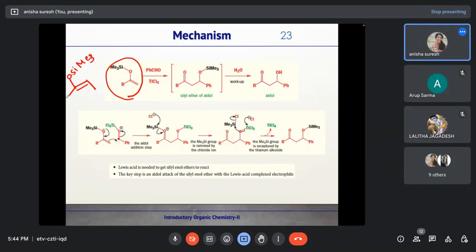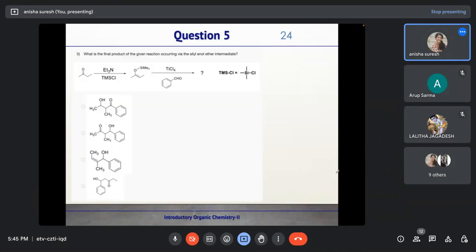In our case, we have CH3 in place of R. So here there will be CH3 and here one more CH3 present, and upon hydrolysis it will give rise to CH3 double bond O, OH, Ph. So option B will be the right option.